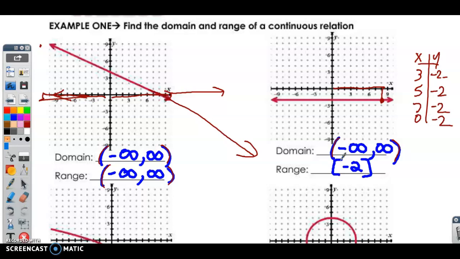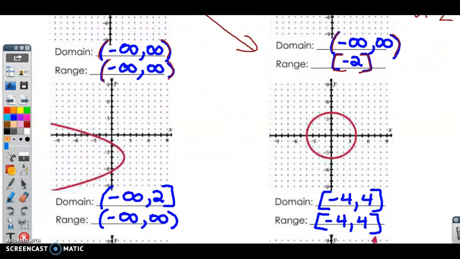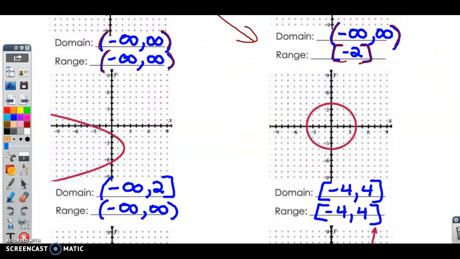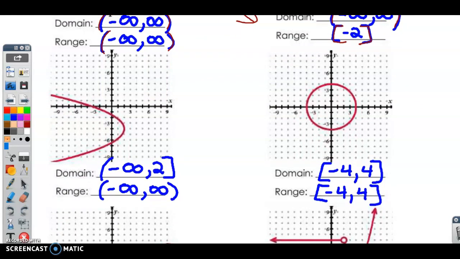And the way that we show that we include that value is by putting solid brackets around that number. The better example is coming up next. Solid bracket. So here, and this graph should really have arrows, we could keep going to the left and pick any negative x value we'd want, and we'd find a point on our graph for y.